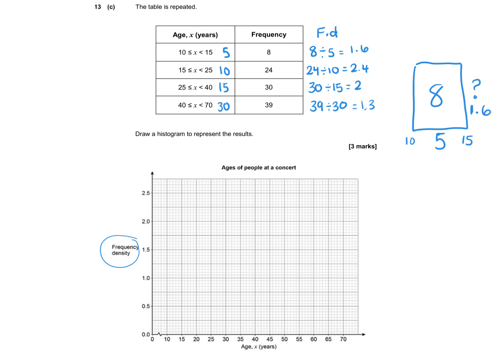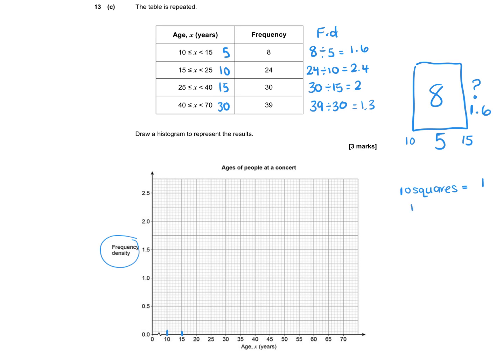Now you're going to use a ruler to do this. I don't have that option on this app, so we're going to try our best. So our first rectangle is going to go from 10 all the way up to 15, and it's going to have a height of 1.6. The scale. Okay, so this scale looks like we have 10 tiny little squares, and they are representing 1 altogether.